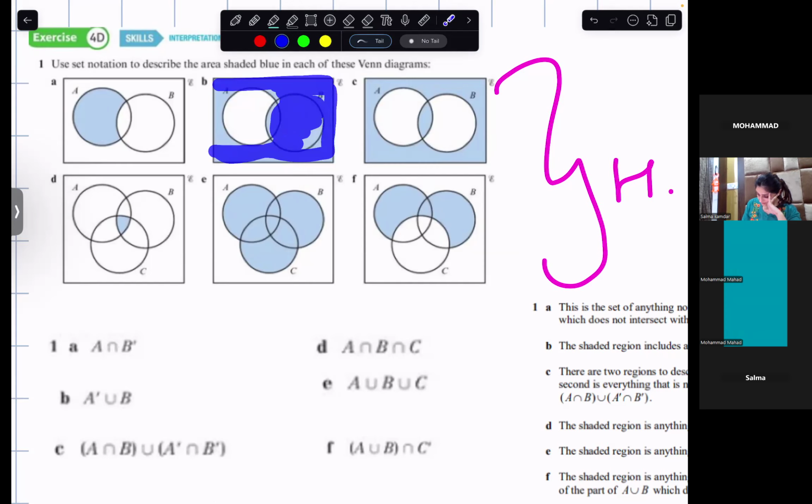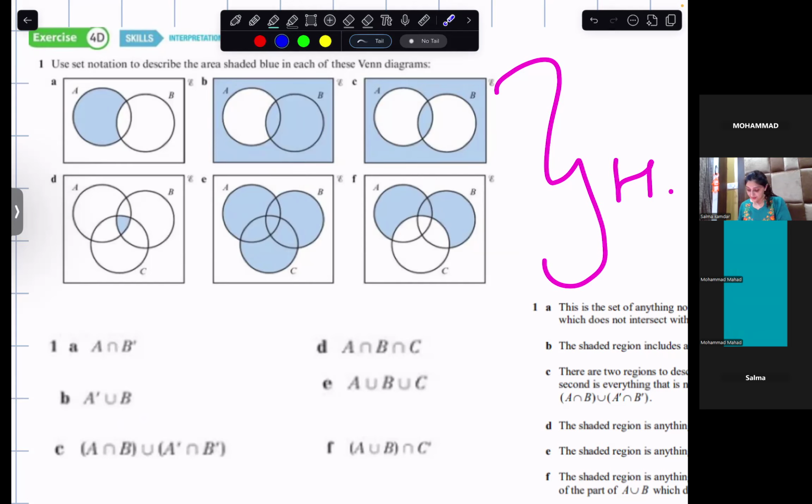In intersection you only take the common part, but here we are taking everything: A not and full B. When we are taking everything, it's like a marriage, and marriage is union. So it's A not union B.